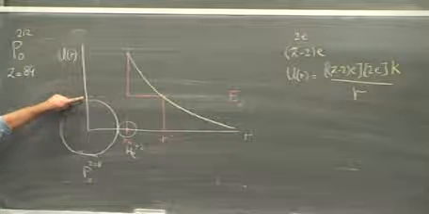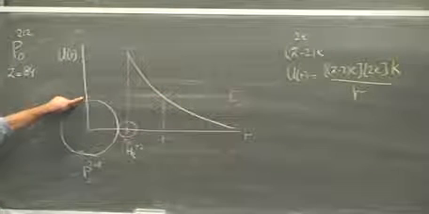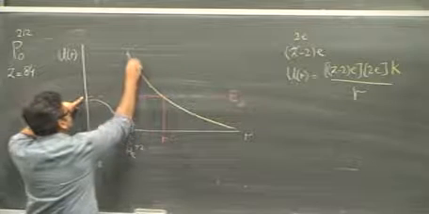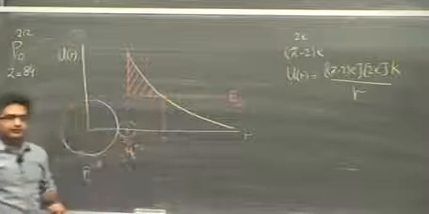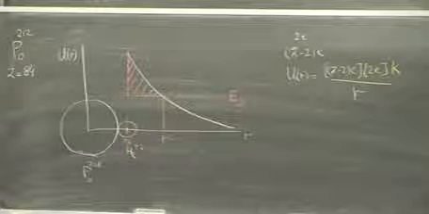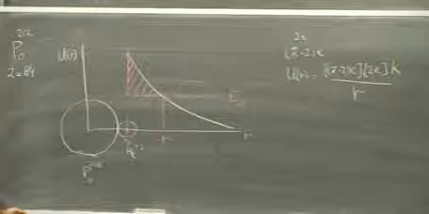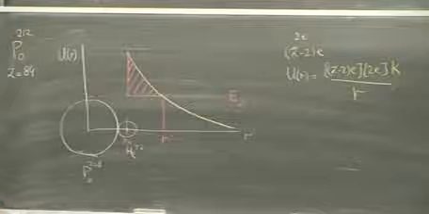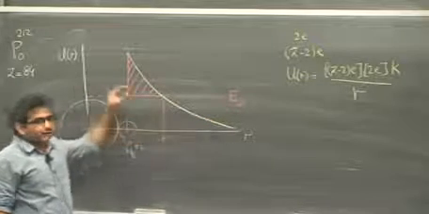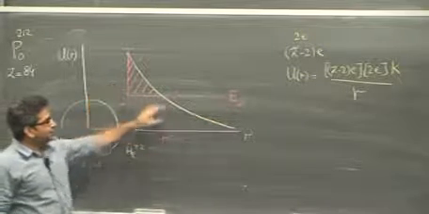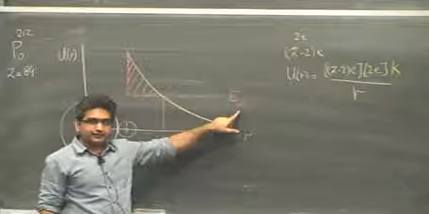If this is the energy of the alpha particle, then the barrier is this. So your potential diffuses like 1 over R, and the alpha particle has energy E alpha, which is the kinetic energy.